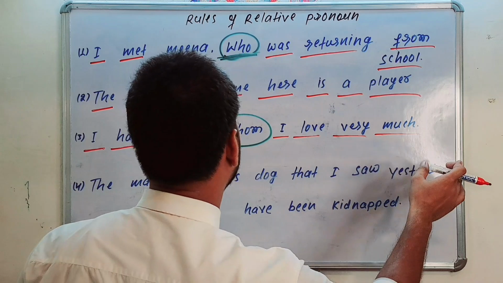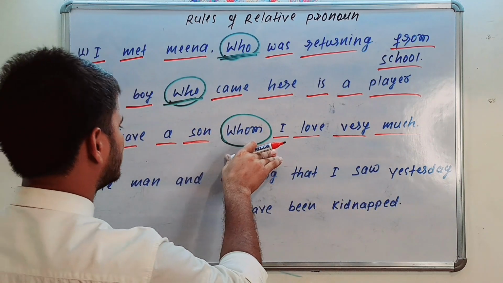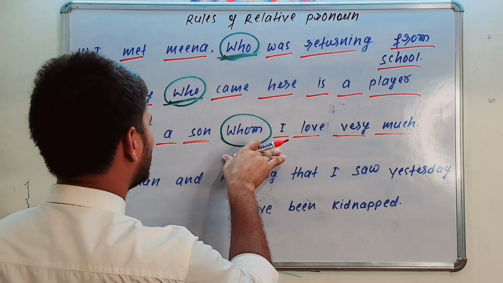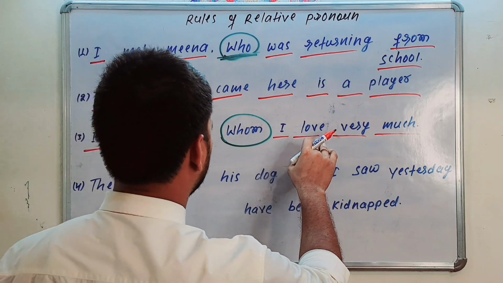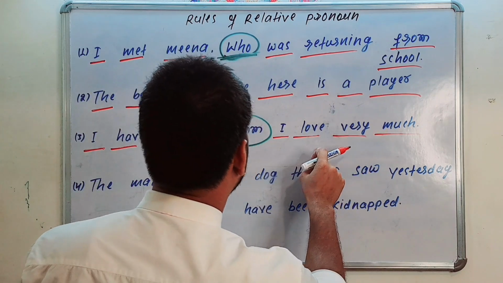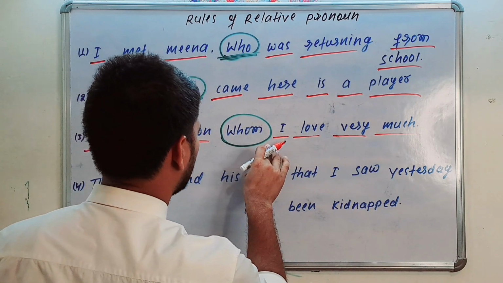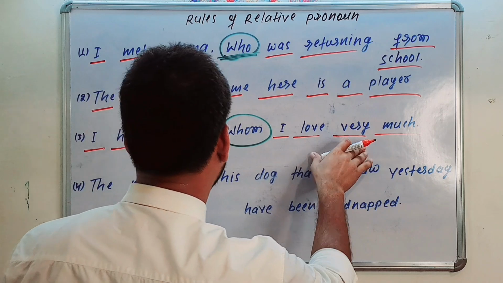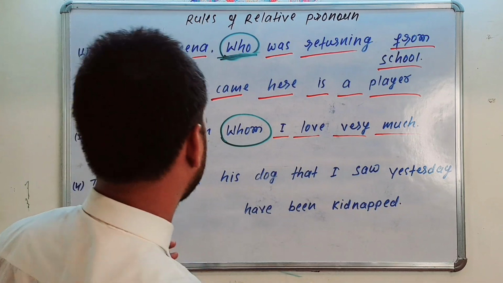So here whom is used as an object of the verb love in a subordinate clause.